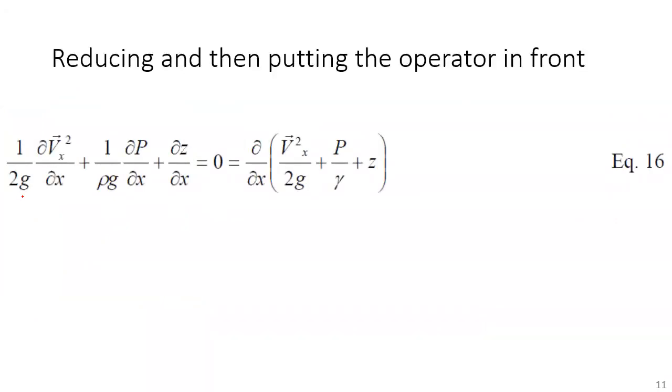And so here's that substitution we just talked about. And lo and behold, everything is with respect to d/dx. So let's pull the operator outside, and everything else is on the inside. If d/dx of v squared over 2g plus p over gamma plus z is 0, what must this be?